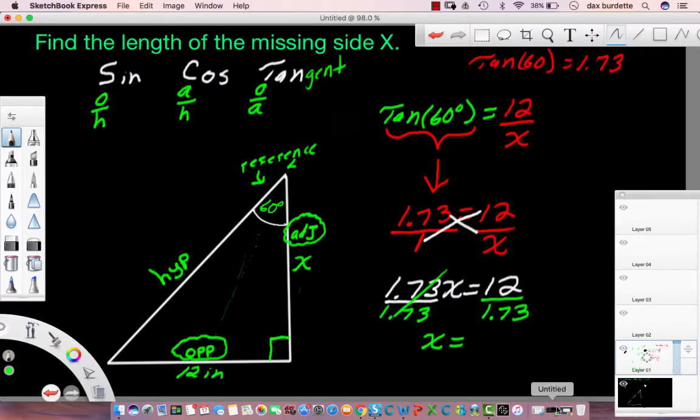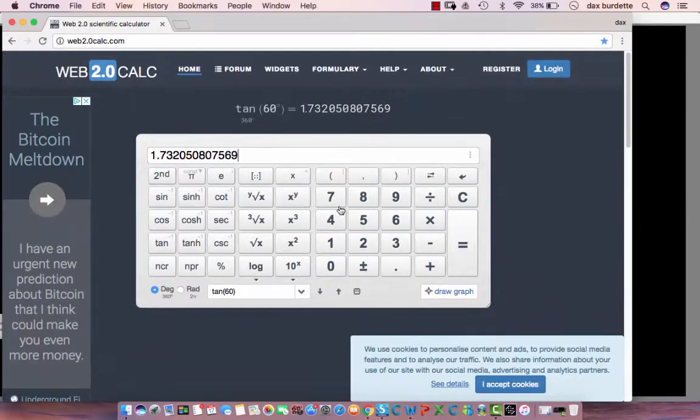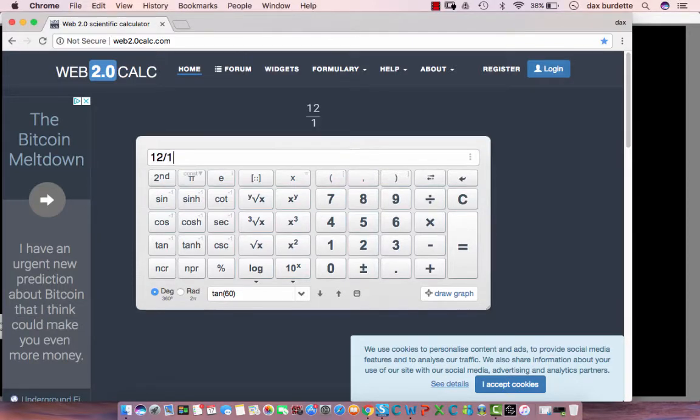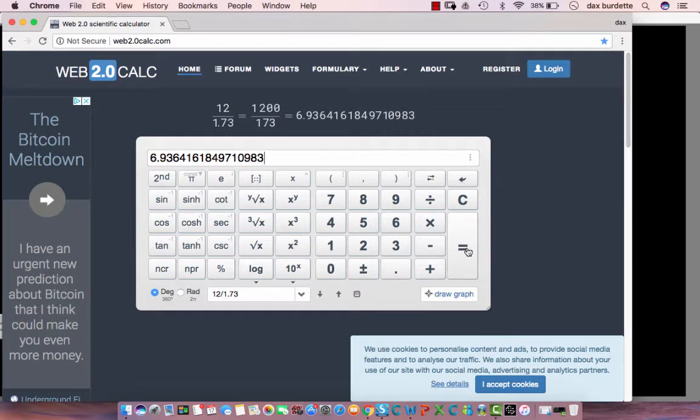I'm just going to go to this calculator to speed things up. 12 divided by, I'm going to use their division symbol, 1.73. And then I'm going to press equal. 6.936, which is about 6.94, because that 6 rounds that 3 up.